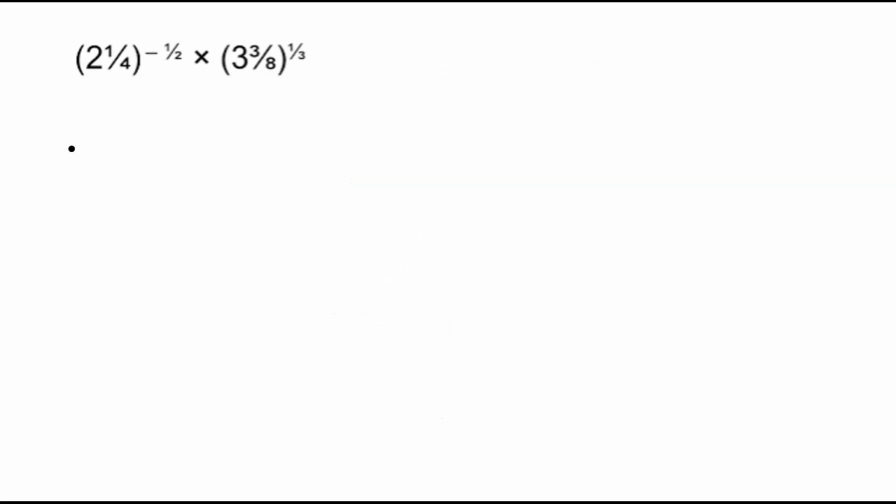Right, number one. What we've got to do here is use the rules of powers. The negative power means that we can flip the fraction, but hang on a minute, we need to change that to a fraction first. So we need to rewrite that as 9 over 4. The same with this one.